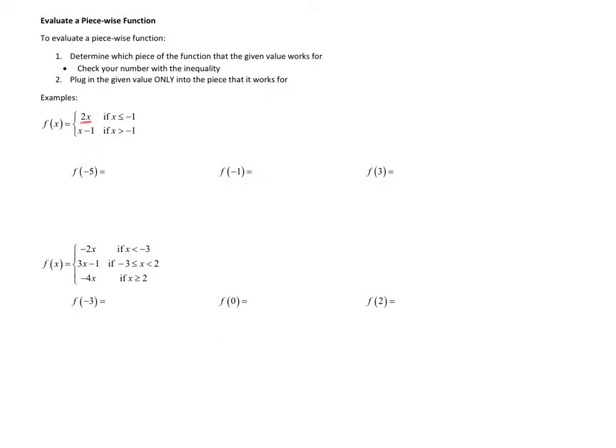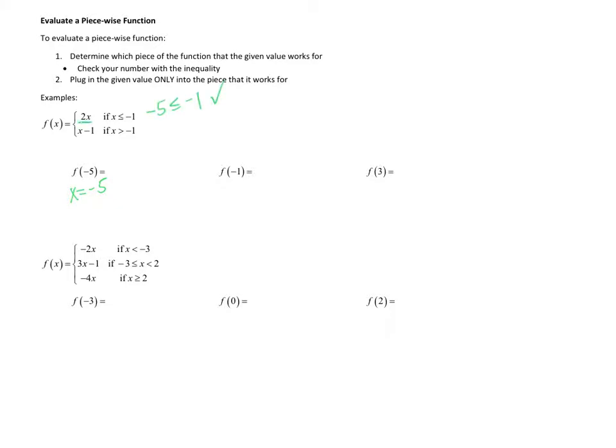Okay, so let's look at our first question. The first question says f of -5. So that means they're telling me that x is -5. So what I need to do is I need to go back over here. Well, if x is less than or equal to -1, so is -5 less than or equal to -1? Well, it sure is.